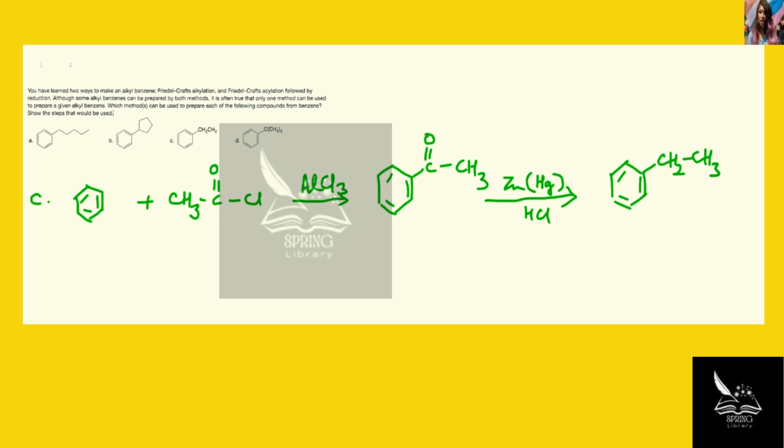In D, a tertiary butyl group is introduced in the benzene ring. The safer method will be simple alkylation.